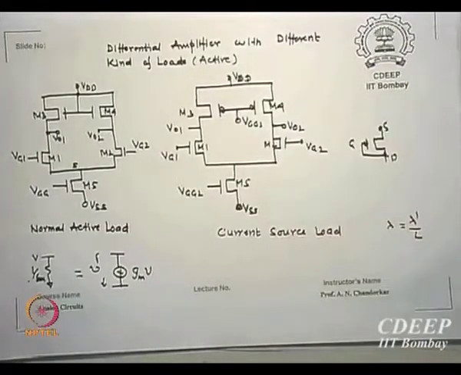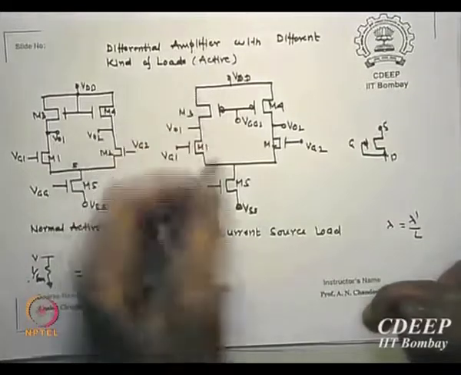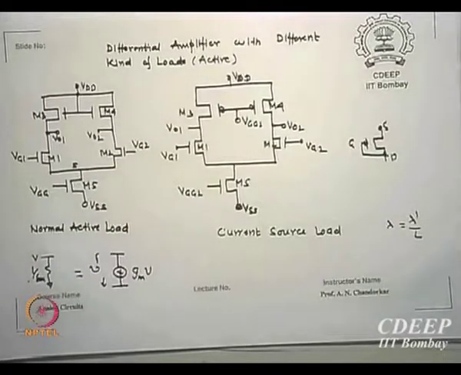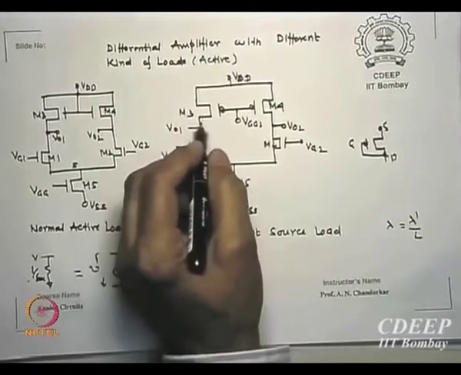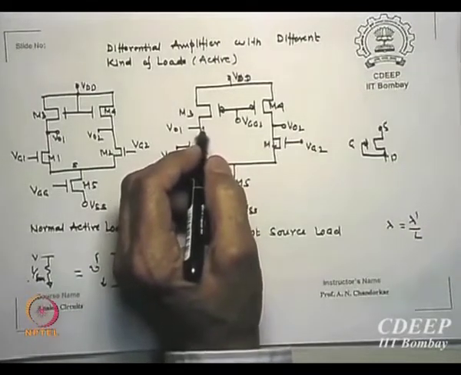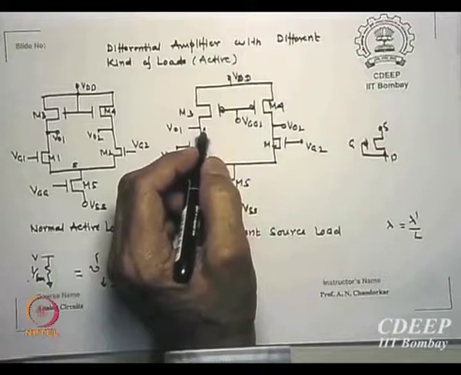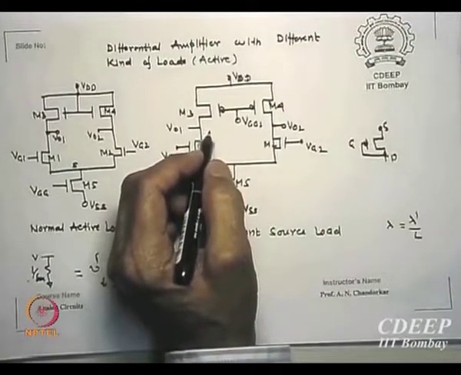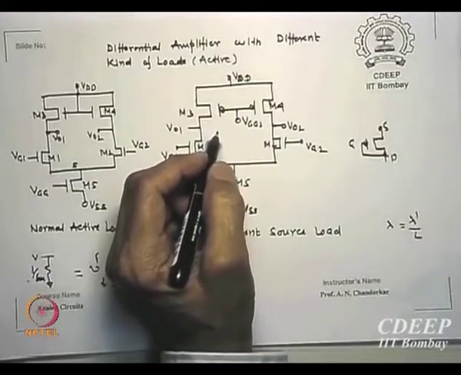Only advantage is this will have very large resistance. It's a good current source, so what is the output resistance for that? RO must be very high, 10 to the power 6 or 7. Because no GM term will appear here, since VGS is not the same as VDS. There is no diode connection going on. That means the voltage drop across the current source is not the same as the GM times that.